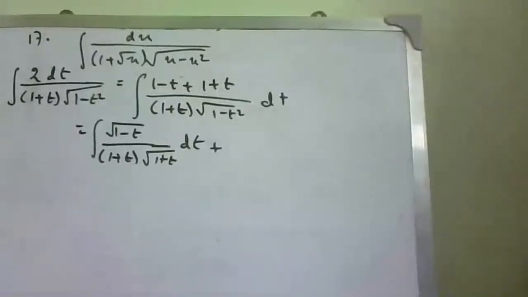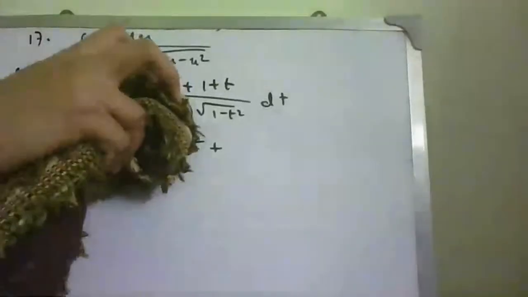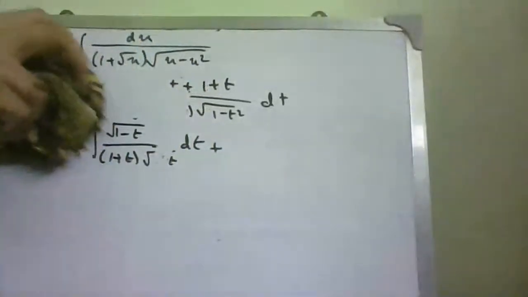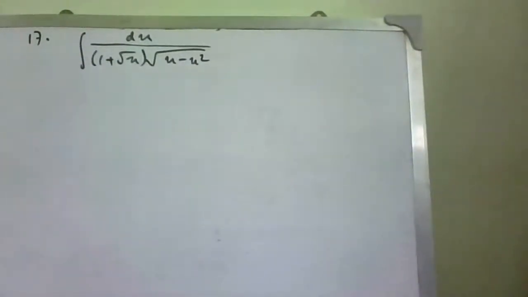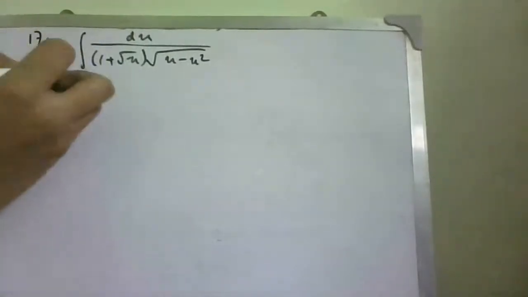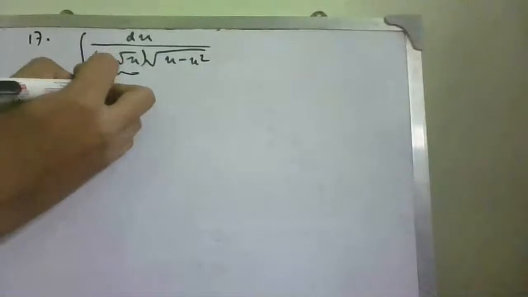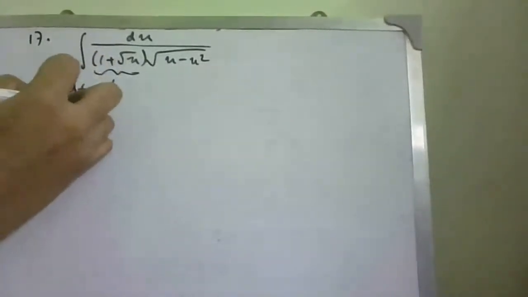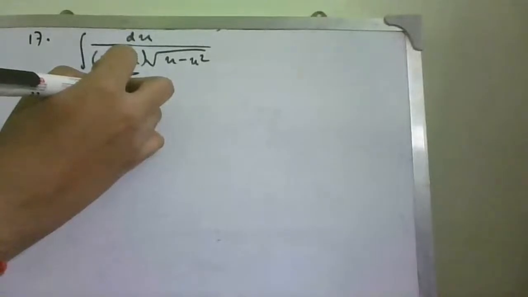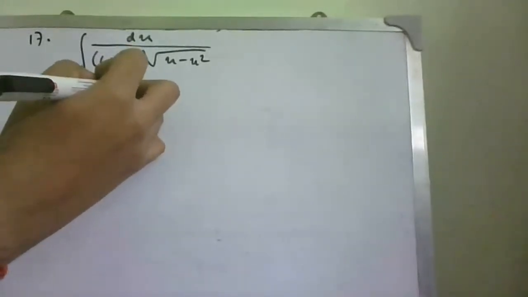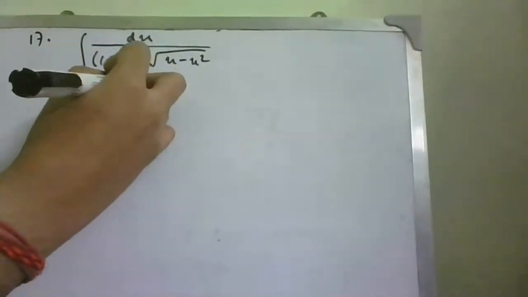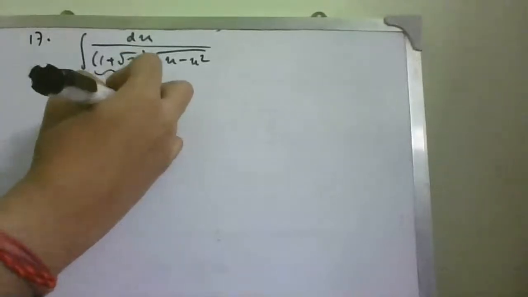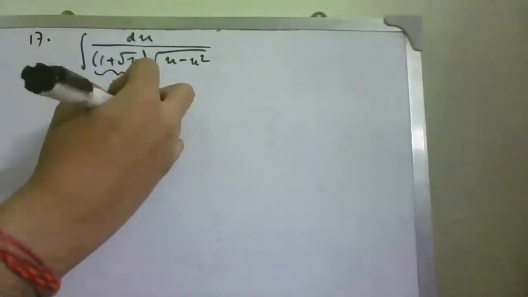Now, what if instead of trying these things, what if I take 1 plus root x to be t? dt over dx, maybe this is basically the same thing, only a bit more modification. So if we take this to be t, then 1 by 2 times root x is basically t minus 1.